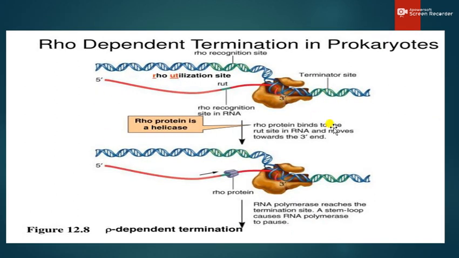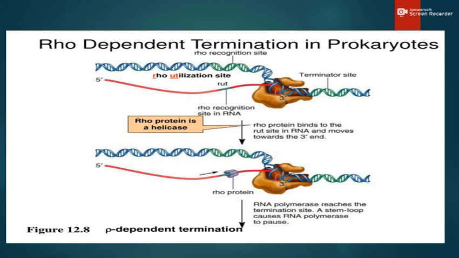Now, in the case of Rho dependent termination, you do not have any stem loop-like structures, but there are certain proteins called Rho proteins. These are helicases. They will come and bind onto some sequences called the Rho recognition sequences. And once a Rho protein binds, the RNA polymerase will reach a termination site, and it will also be caused to stop.